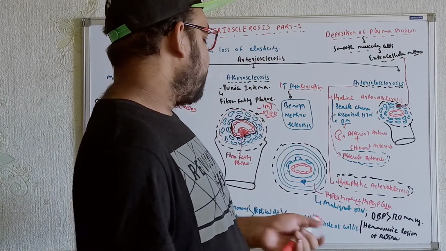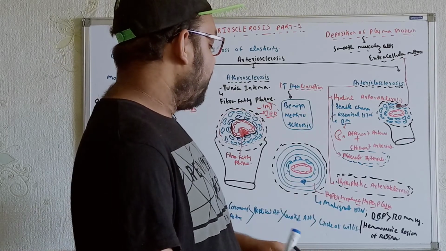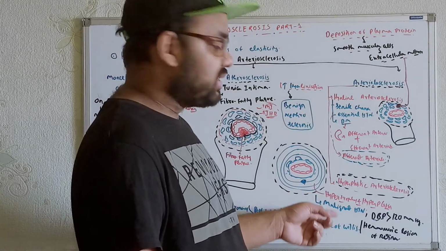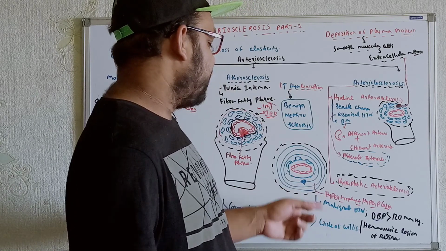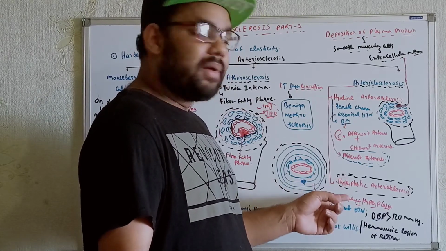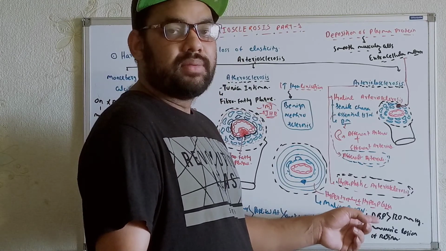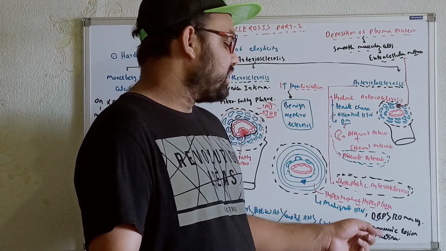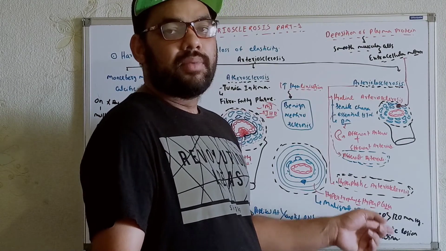So whenever we are getting hyperplastic arteriolosclerosis, in these cases we will get the development of malignant hypertension. And in these cases, we will also get the hemorrhagic lesions on the retina, along with the diastolic blood pressure more than 120 mm of mercury.